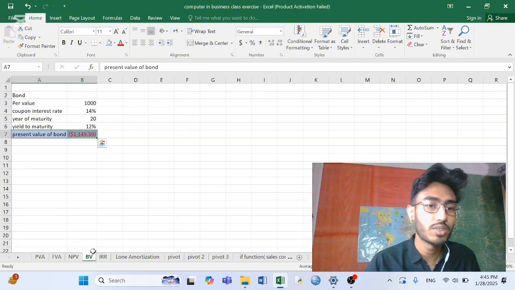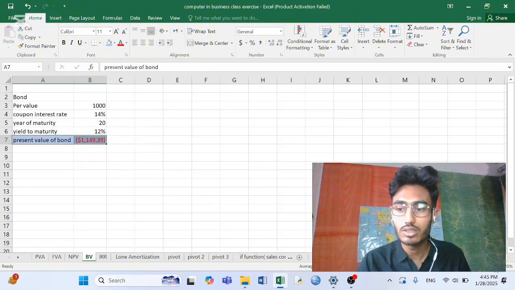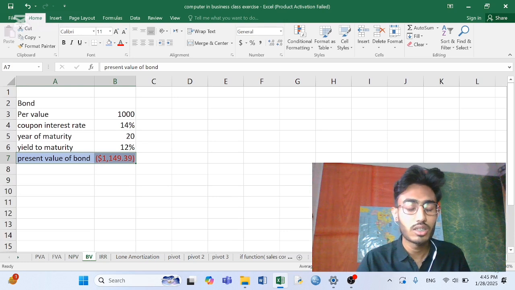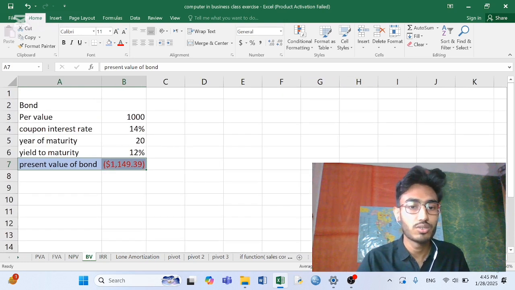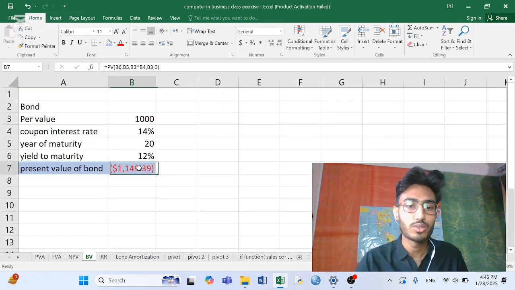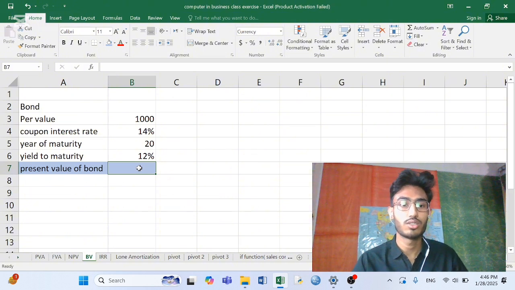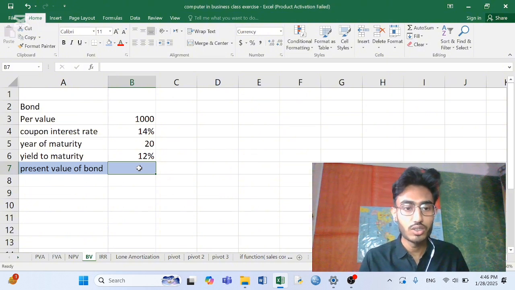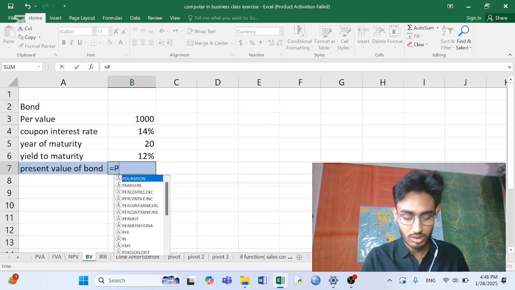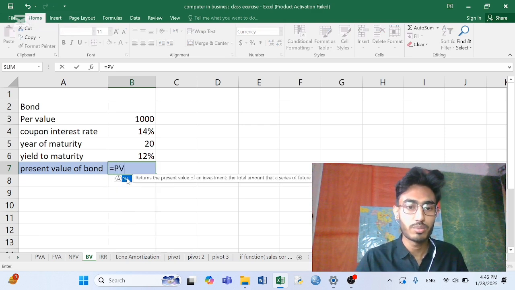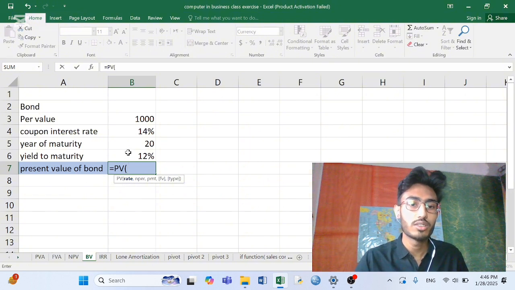The present value of a bond normally calculates what the present value of a bond is if you buy today, accounting for all the opportunities and other factors. I should remove this. So we're going to calculate the present value of bond with the same formula of PV, present value. The rate is going to be 12%.